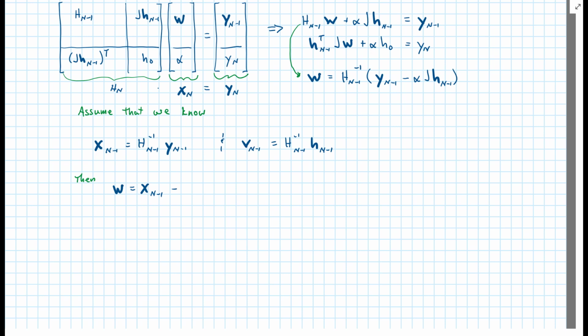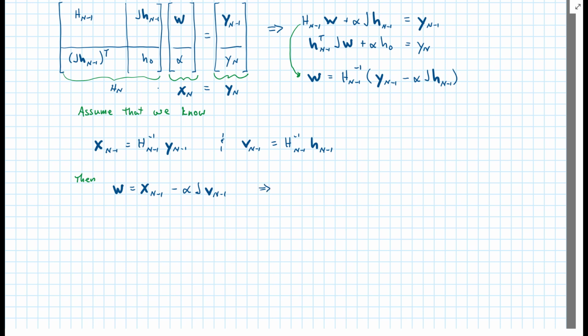And following the same logic that we did last time, we're going to get alpha j, and then we have h inverse n minus 1 times little h of n minus 1. And that's going to give us, as before, our v n minus 1. So that comes in handy there.